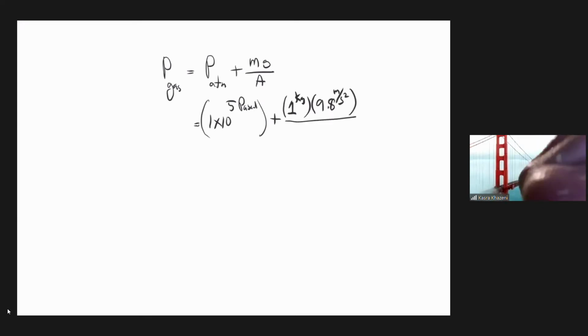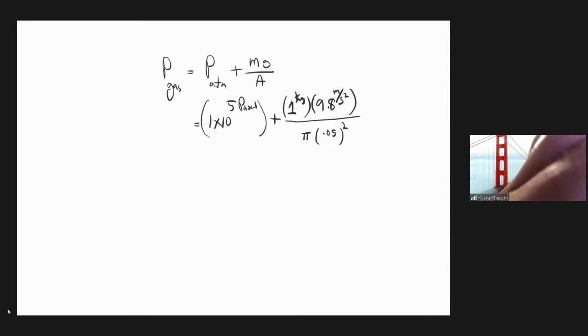Let's say the area is, well, that's really large. Let's say it's some cylinder that the diameter is like 10 centimeters. So it's pi r squared, pi times 0.05, 5 centimeter radius, squared.